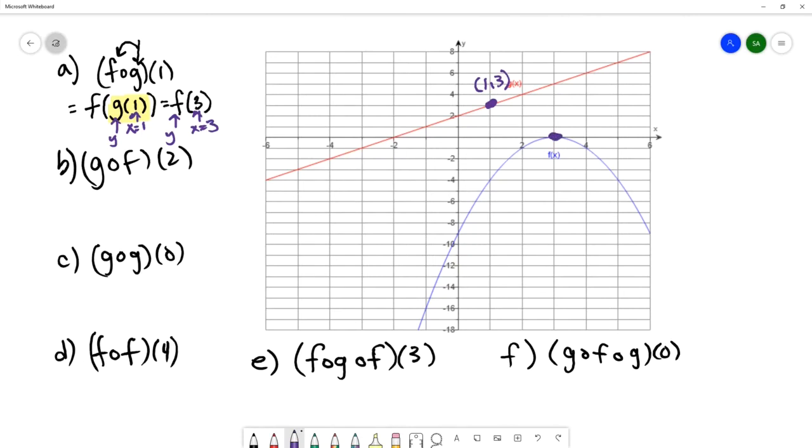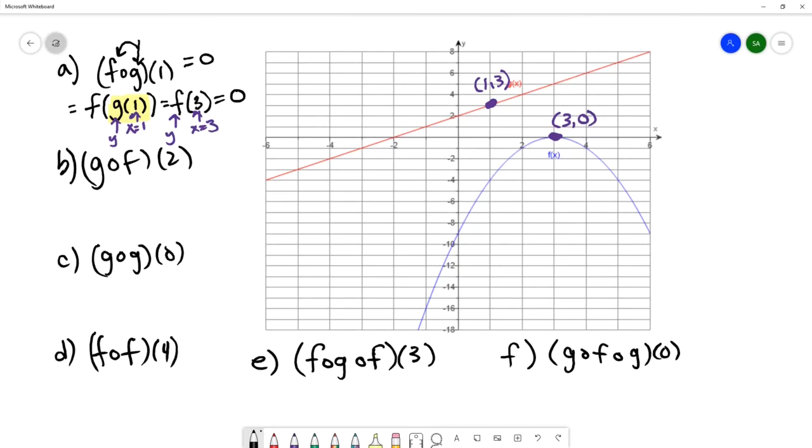That is on the graph of F, and it has an x value of 3. So we have 3, 0 for that ordered pair, and I know that f of 3 equals 0. So I figured out that f composed with G of 1 is equal to 0. Now the rest of the problems are very similar.